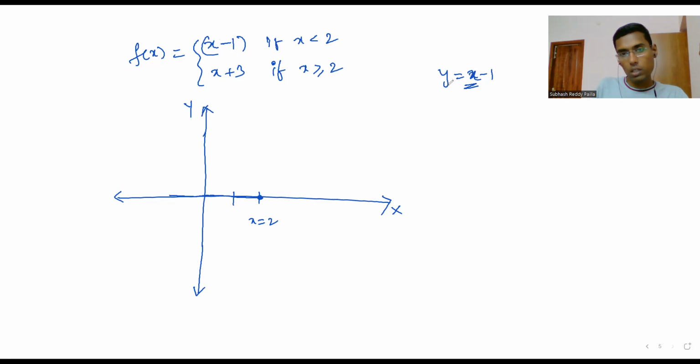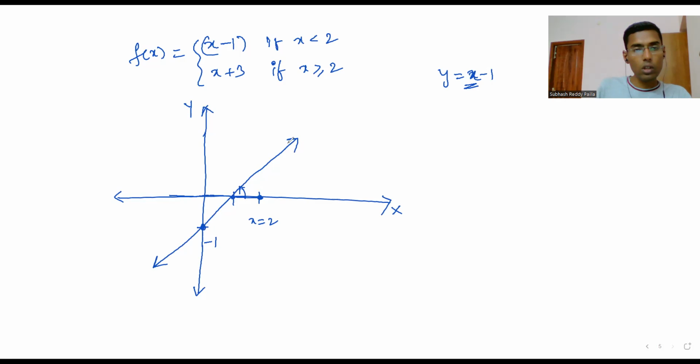Slope is m, see, y equal to mx plus c. The slope is 1 and the y-intercept is minus 1. The slope is 45 degrees, which means it has to go like this.